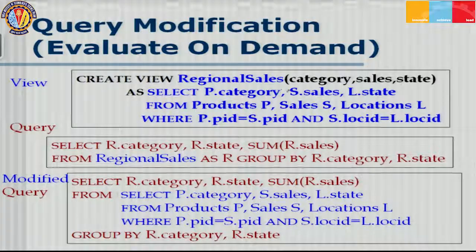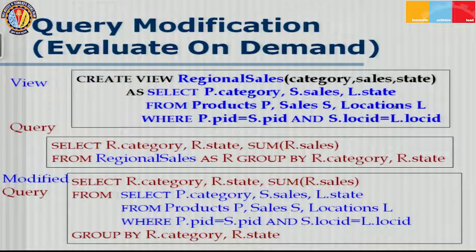You can see it is a join between three tables, where I'm taking category and sales from sales, and state from the location, from products P, sales, and location L, where this is equal to this and this is equal to this. That is a join condition that I've imposed. So this is the view that is created.